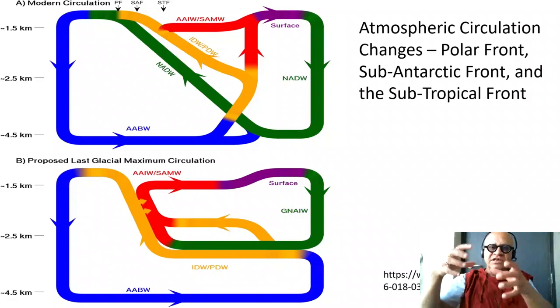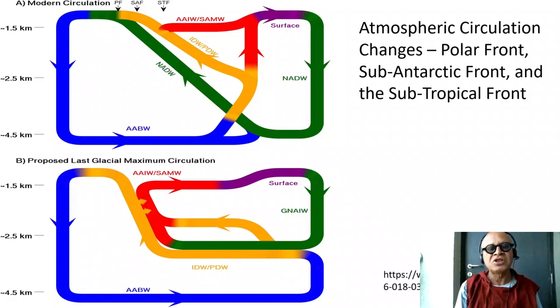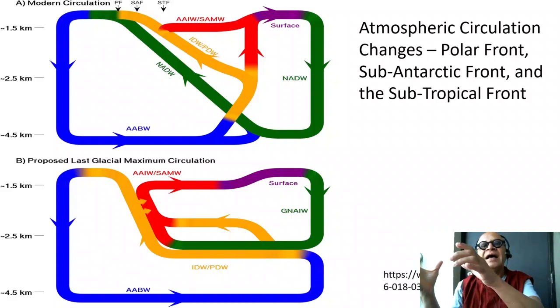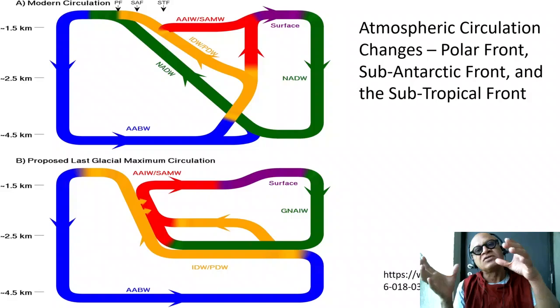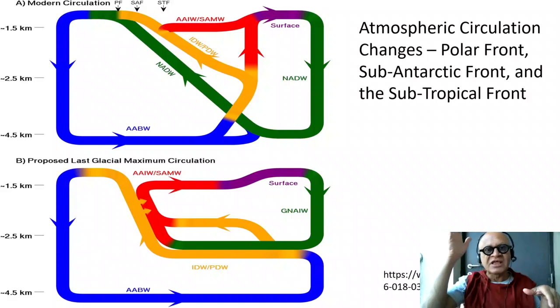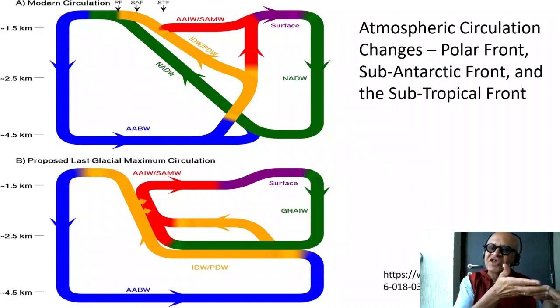There are processes that can create them and put them into the pipeline created by isopycnals, which are basically constant density layers. Remember that the ocean is well mixed near the surface, but it has stratification as you go below. There is seasonal thermocline, and then there is very weak stratification from a couple of kilometers down to the bottom.